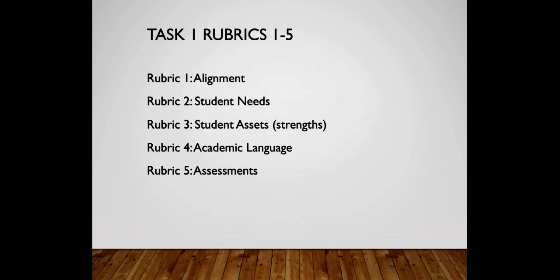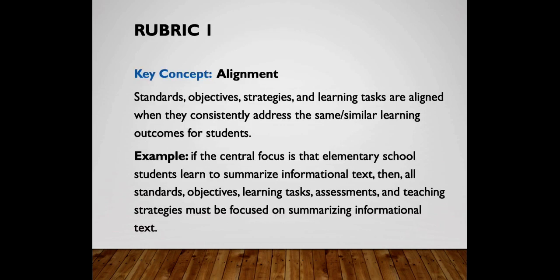Now let's look at each Task 1 rubric. Rubric 1 is alignment. Rubric 2, student needs. Rubric 3, student assets. Rubric 4, academic language. Rubric 5, assessments. The key concept of Rubric 1 is alignment. Standards, objectives, strategies, and learning tasks are aligned when they consistently address the same or similar learning outcomes for students.